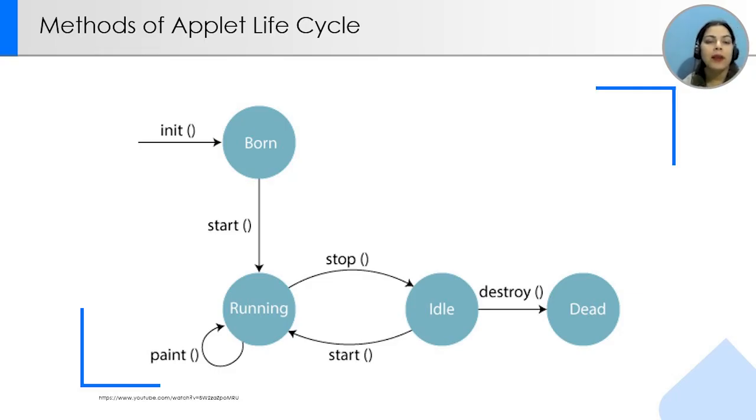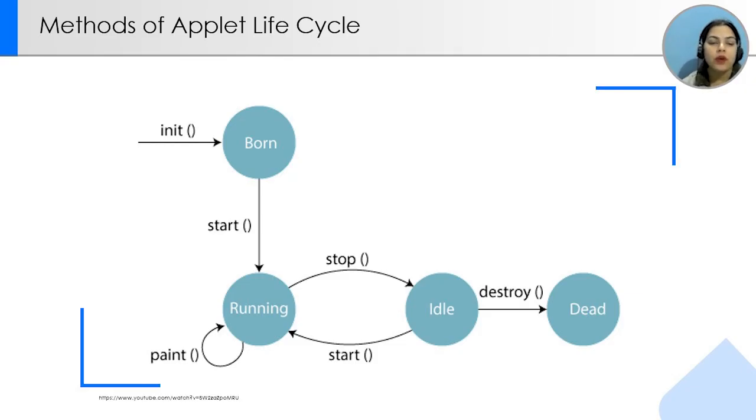So, whenever an applet is stopped, that means now it is in the idle state. Again, when the problem is over, and sometimes it is the need of the program, not only exceptions or errors that are responsible for converting the applet from the running state to the idle state, but sometimes the program needs to pause for some nanoseconds.